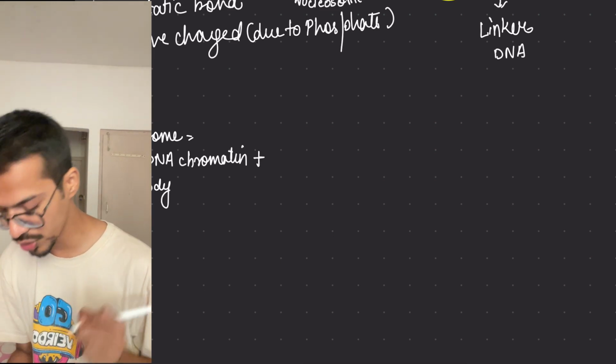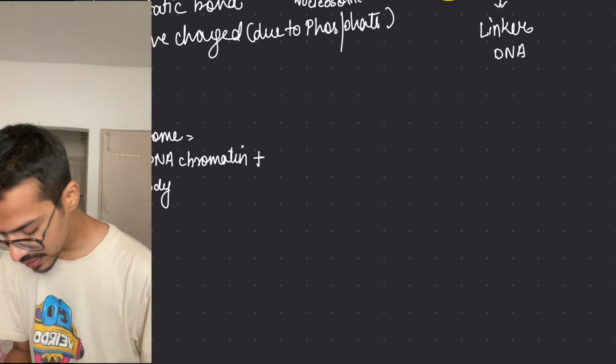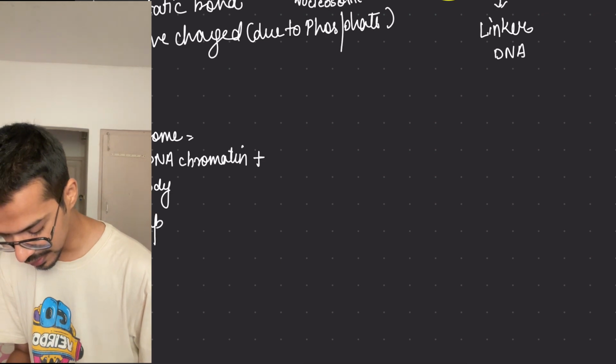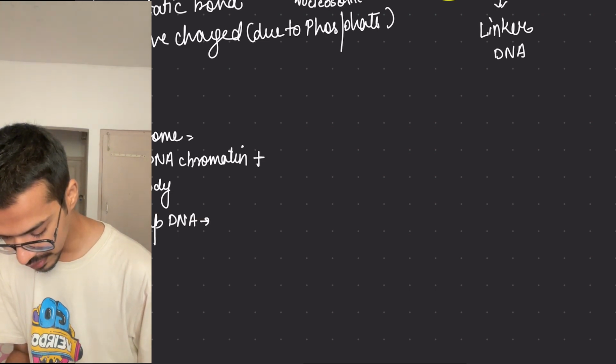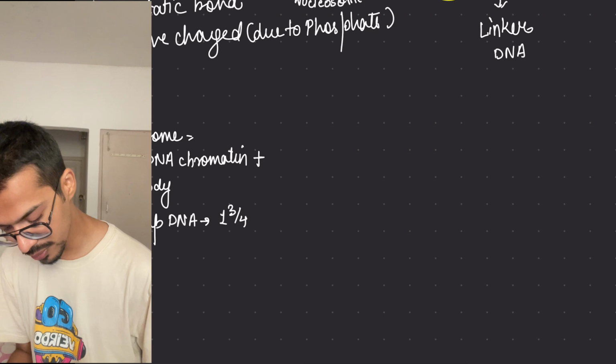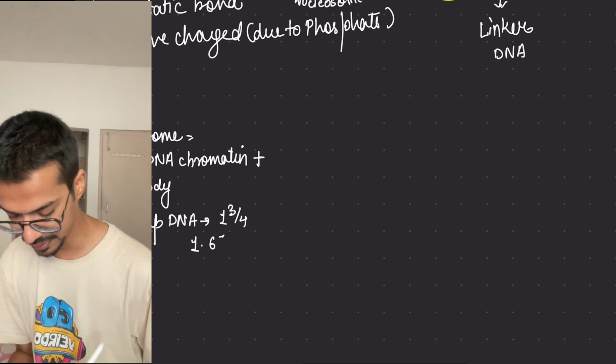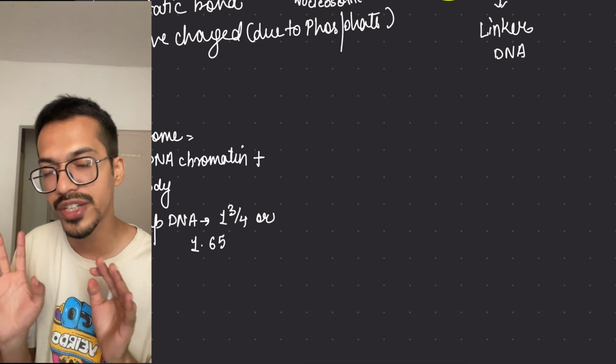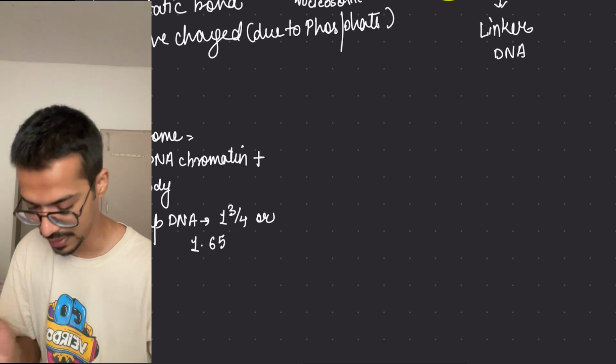How much is it wrapped? Turns of wrapped DNA will be 1 3/4, sometimes written as 1.65, and 1.75 also according to fractions, but this is how we write it.